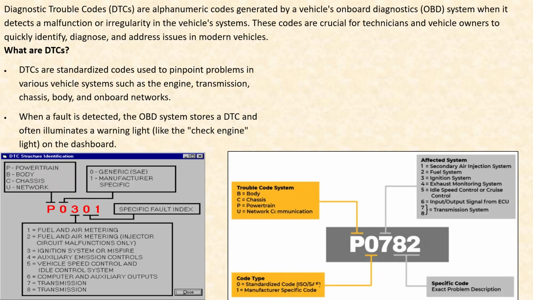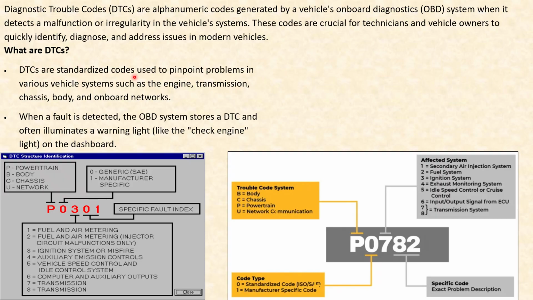Let's explain further. These codes are crucial for technicians and vehicle owners to quickly identify, diagnose, and address issues in modern vehicles. Observe these words carefully: identify, diagnose, and address issues in modern vehicles. So what is this diagnostic trouble code?